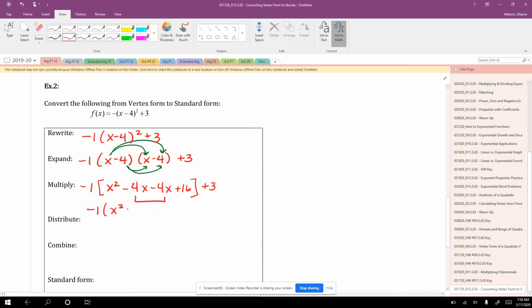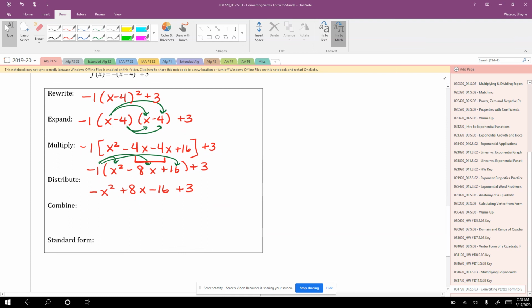So I'm going to have x squared minus 8x plus 16 plus 3. And now I'm going to distribute this negative 1 to each of these. So now I have negative x squared plus 8x minus 16, and then I still have the plus 3. Combine any like terms that I have left, which are my last two. So now I have negative x squared plus 8x minus 13.